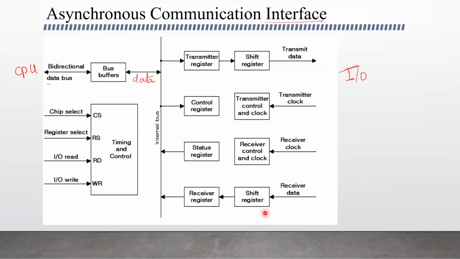When the line goes from high to low, to 0, that indicates the beginning of the data. Then the bits are transmitted with the stop bits. That is transmitted to the shift register, and then the shift register removes the start bit and stop bits and transmits that data to the receiver register.